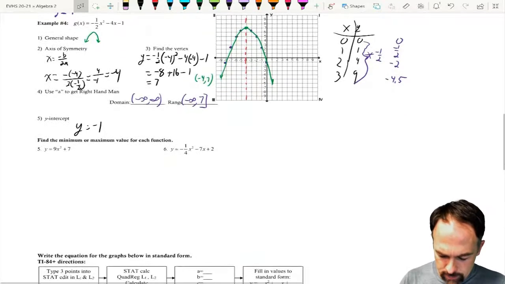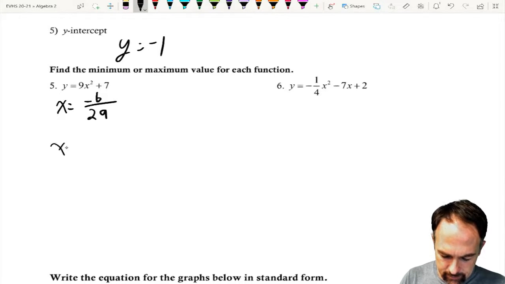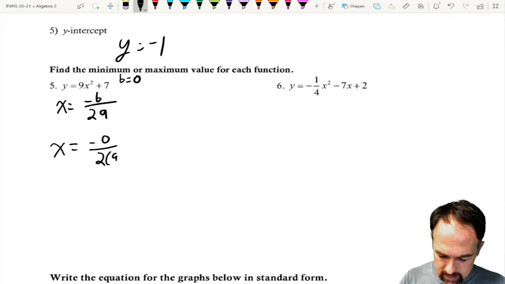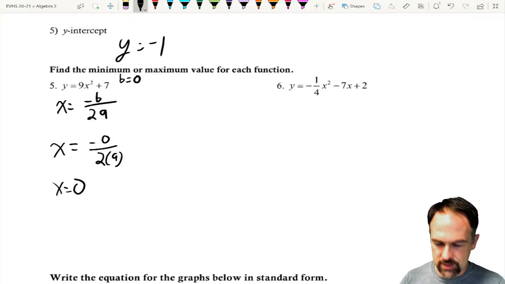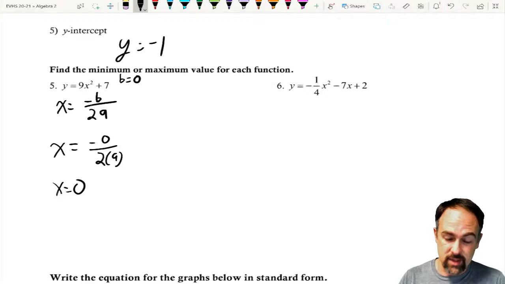So first thing we need to do to find our minimum or maximum value is find the axis of symmetry, negative b over 2a. In this case, be careful because my b value is 0. So that's negative 0 over 2 times 9, which is 0. When the axis of symmetry is 0, the vertex is the y-intercept.